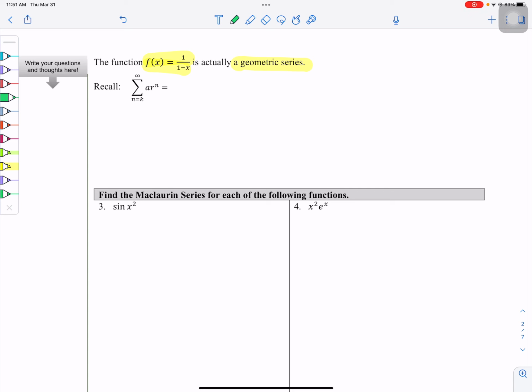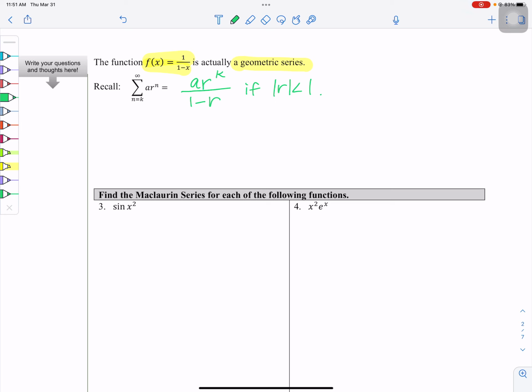If you remember, we had the sum of a times r to the n power, and we were able to say that that was equal to a r to the k, whatever that power was, over 1 minus r. Of course, it converges if the absolute value of r is less than 1. Okay, then it does converge.